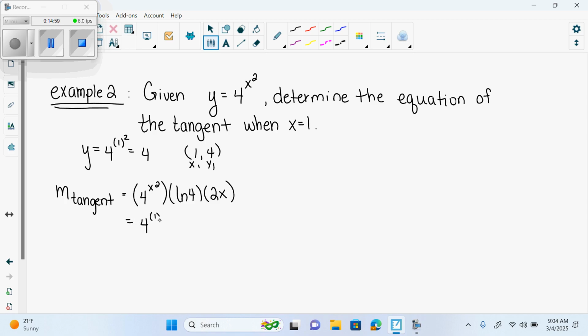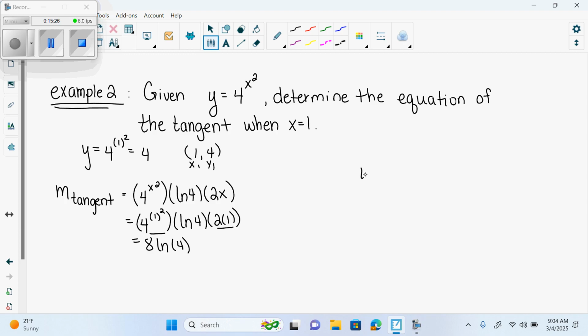So it's going to be 4 to the 1 squared, times ln of 4, and then 2 times 1. So it's going to be 8, because 4 times 2 is 8, so 8 ln 4. That can't get any prettier, no matter how much you want it to.